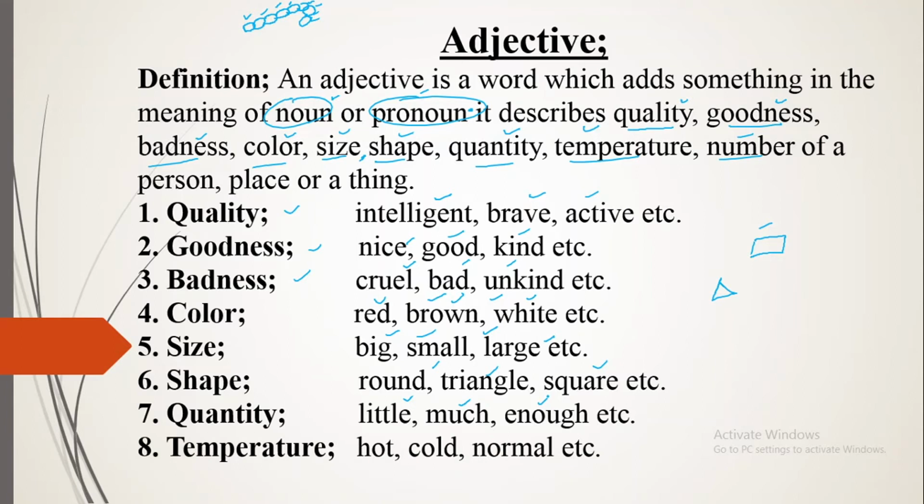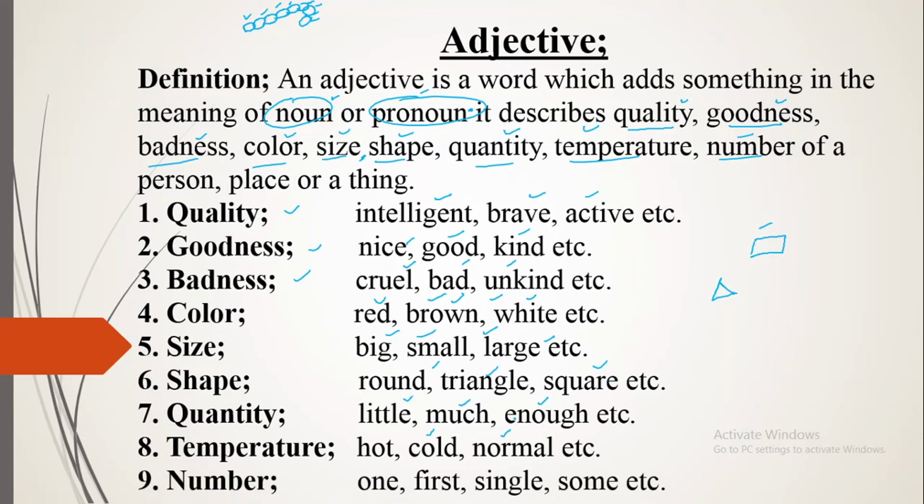Like I say, hot, cold, and normal. The weather is hot. Now hot is adding something in the meaning of weather and describing the temperature. We have got cold weather mostly in Quetta. So cold is describing the noun and telling the temperature of weather. Normal, we have got normal weather nowadays in Quetta. So this is describing the weather.